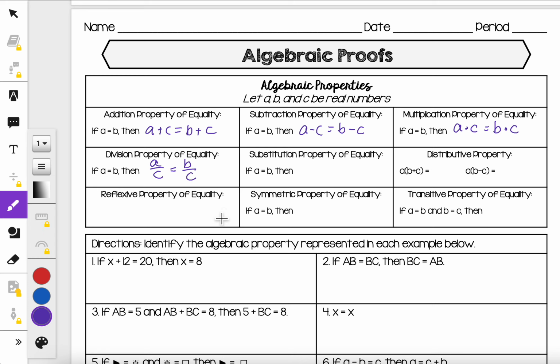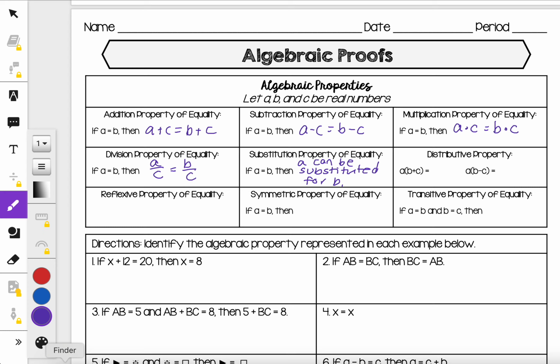Our substitution property is going to say if A equals B, then A can be substituted for B. So we saw this a lot, for example, when we were doing the segment addition postulate.